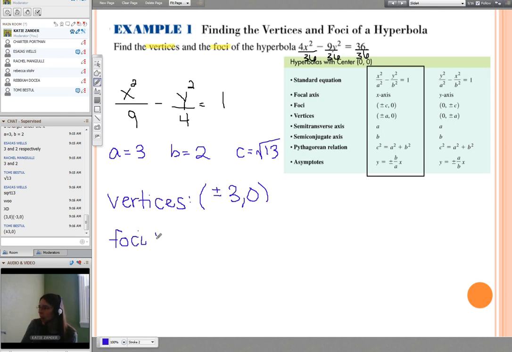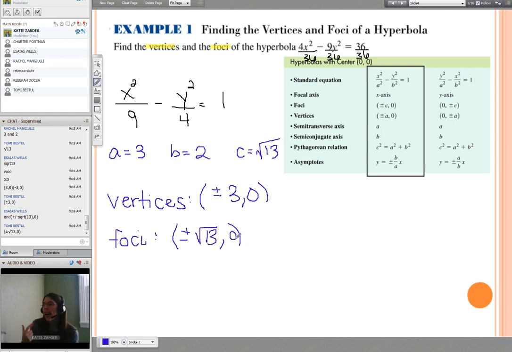What are the foci of the hyperbola? Plus or minus the square root of 13, comma 0. And again, there are two distinct points there, the positive value of square root 13, comma 0, and the negative value of square root 13, comma 0.